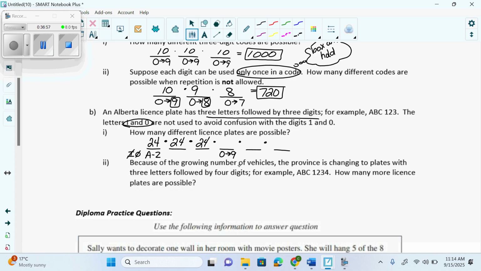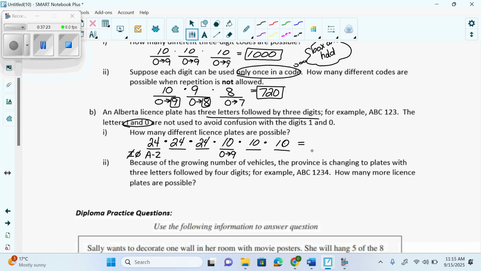No, they restricted letters, not the digits. I also find it funny they restrict letters when it has to be letter, letter, letter, number, number, number. But that's okay. So then this is going to be 10 and then 9, 8. Or what? 10, 10, 10. It doesn't say I can't repeat. So what is that?